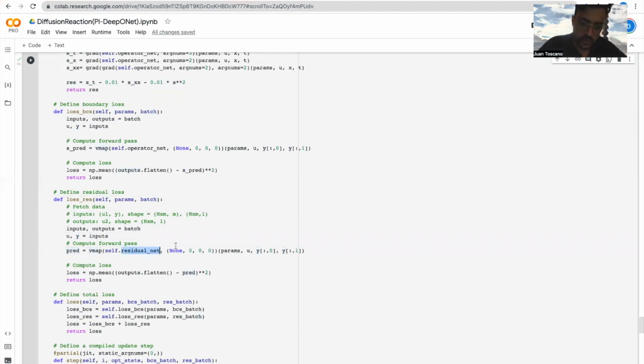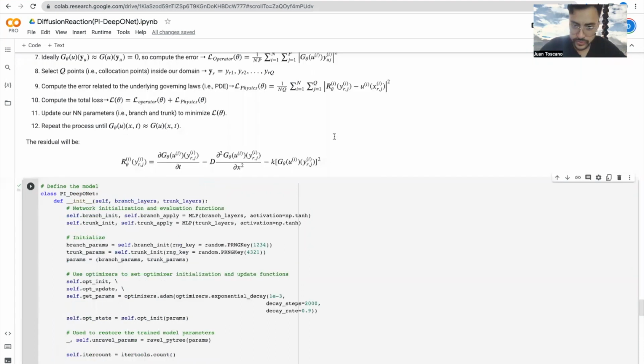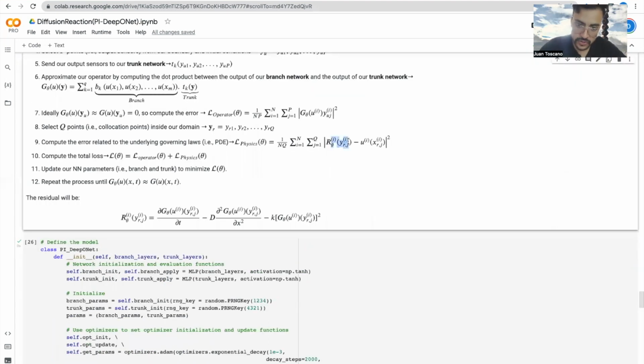It would be the residual net of u, x, and t. Remember, y contains both variables. Then the final loss would be the L2 error between the output, that in this case is u, and what we predicted using the residual. So we are doing right what we have here. Okay, so the output would be u, and this is the residual.